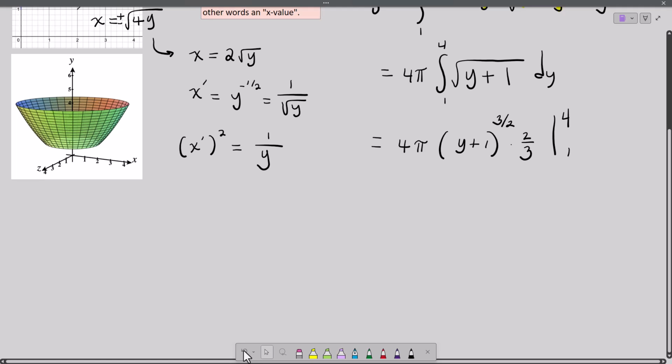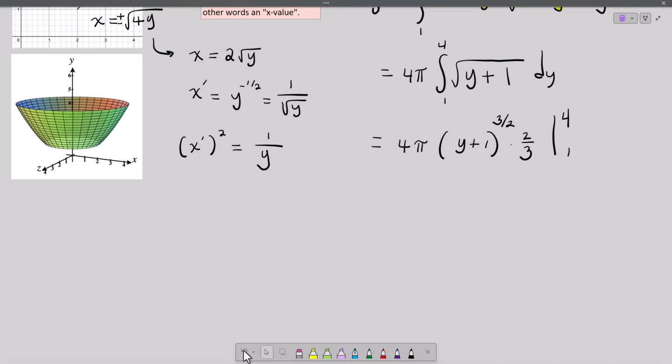So add 1 to the exponent, divide by the new exponent, and then divide by the derivative of the base. The derivative of that is 1, so we end up with this, which is 8 pi over 3. There are the constants. And then we plug in the 4 and we get 5 to the 3 halves.